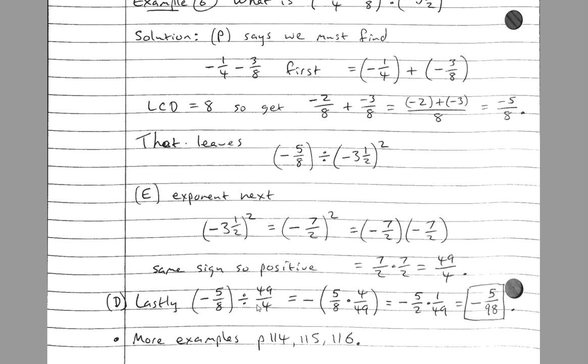And then the last step, take care of that division. We're dividing two numbers with different signs, so the answer is negative. And we're dividing by this fraction, so keep, change, flip. So dividing by this is the same as multiplying by the reciprocal, 4/49.